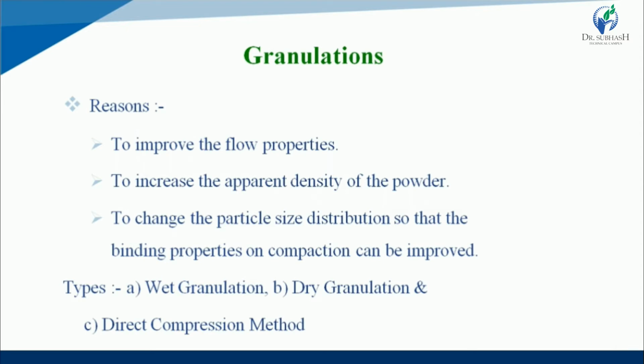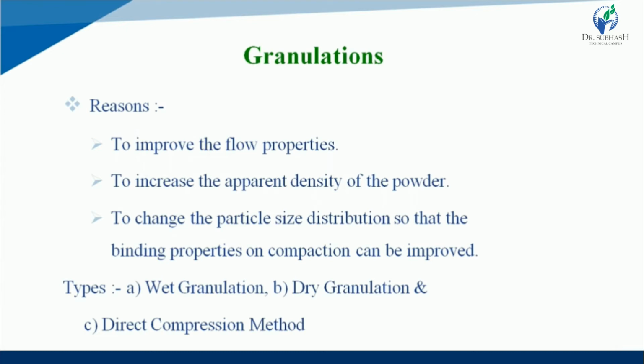Types of granulation or tablet preparation method. Three methods. First one is wet granulation method. Second one is dry granulation method. And third one is direct compression method. All the methods we already discussed in last semester. In wet granulation method, we use liquid for wet mass purpose, while in dry granulation method, we prepare the granules, but we don't use any type of liquid.